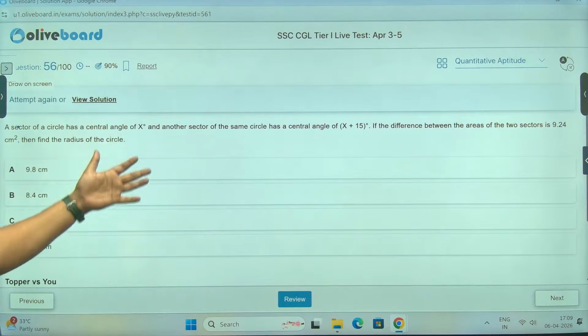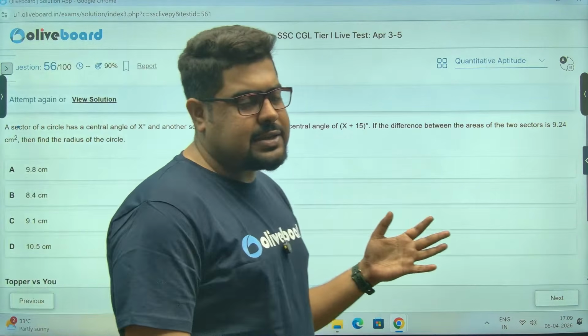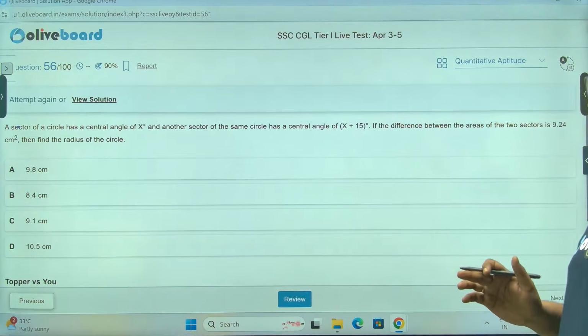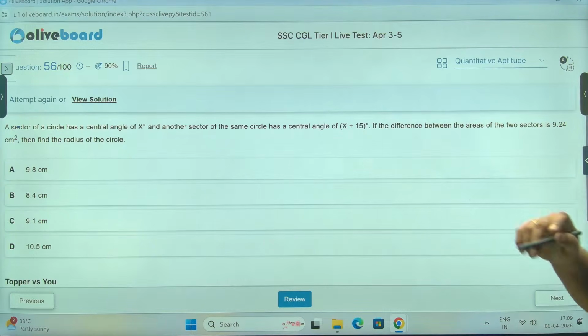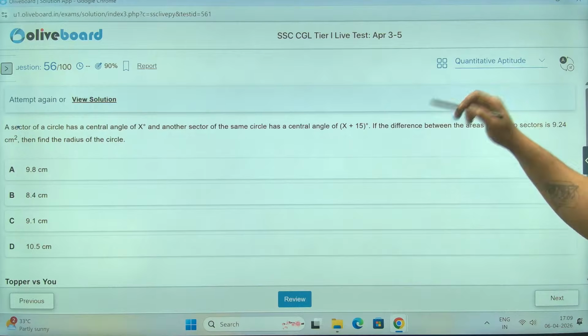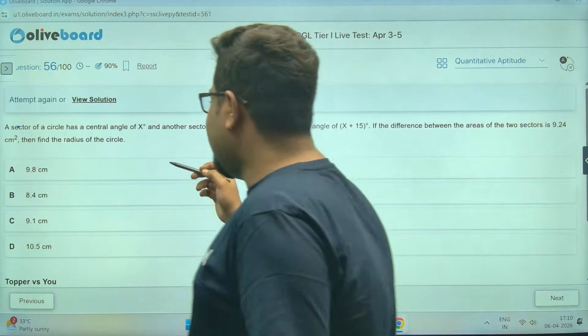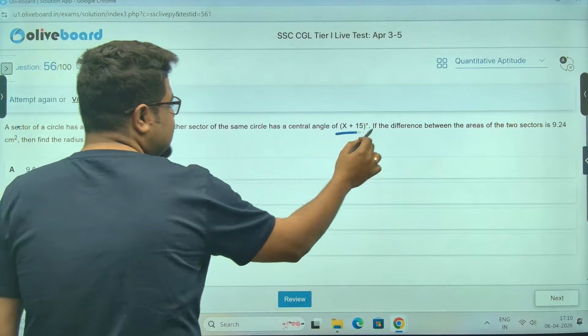Circle sector. Last year, they asked us countless questions on sector. So again, be careful on this. Sir, central angle X, another sector of the same circle has a central angle this. If you take the difference, you see X and X will cancel.